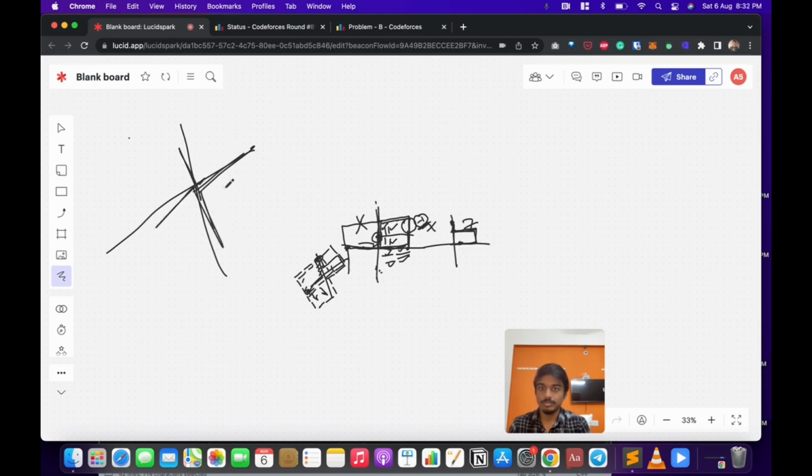This is what it's doing, but what is a simpler way to cover all points?